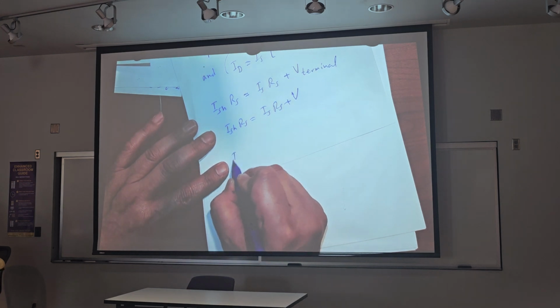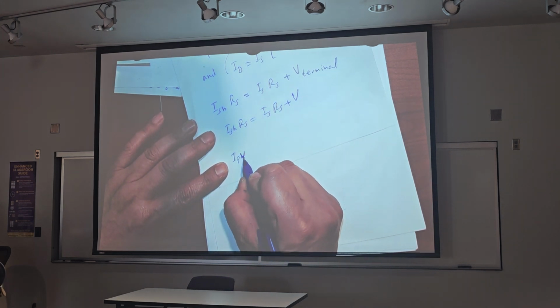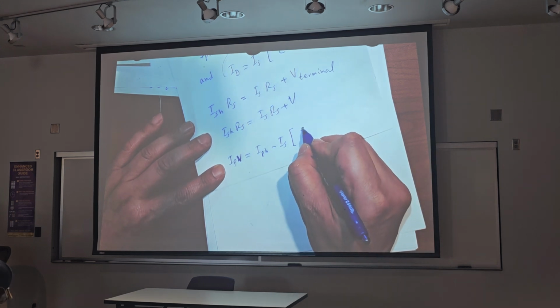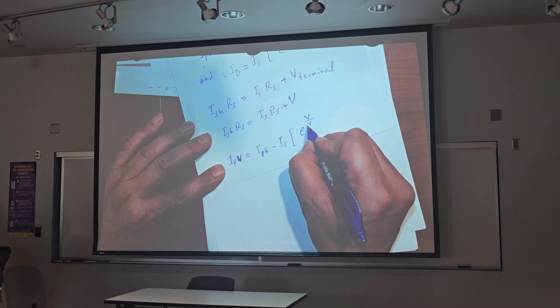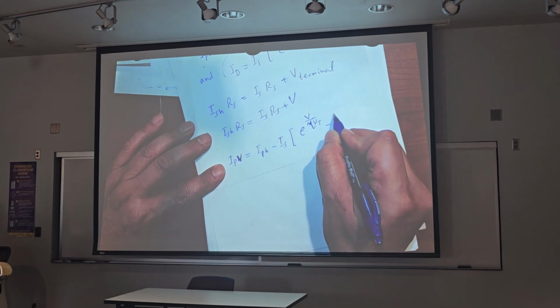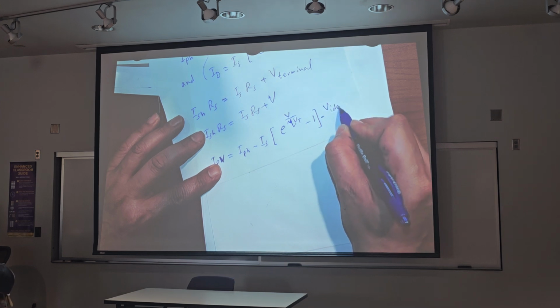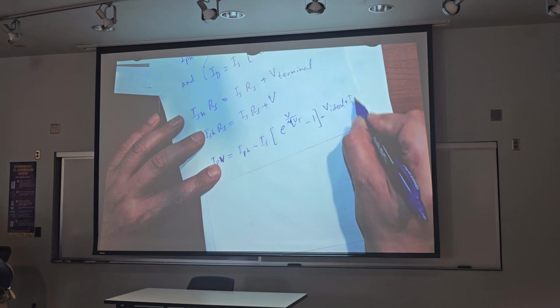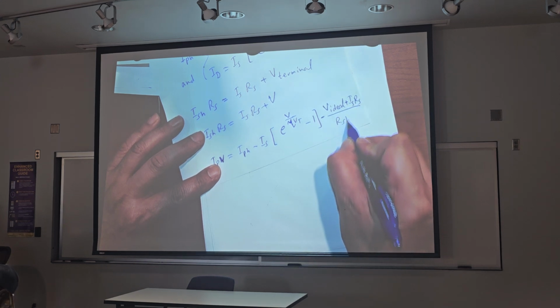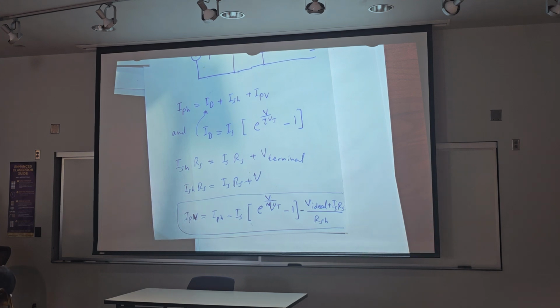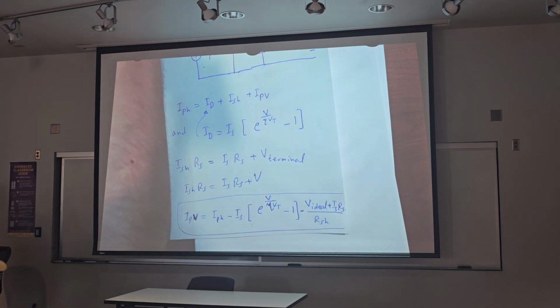Now, I_PV equals I_PH minus I saturation exponential of V ideal over eta V_T minus 1, minus (V ideal) over R shunt, where V ideal is the voltage at the ideal diode.